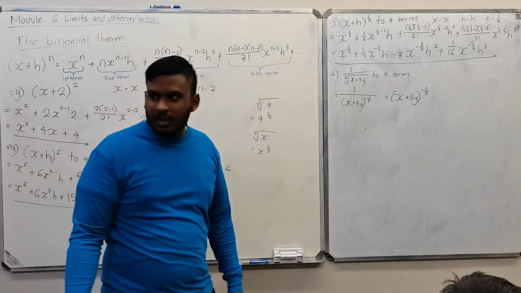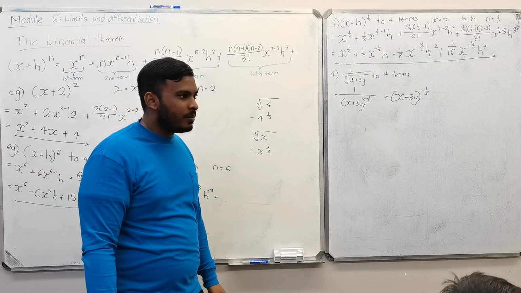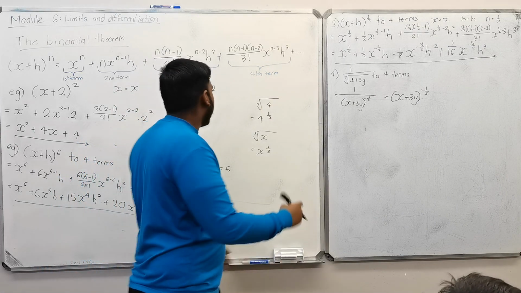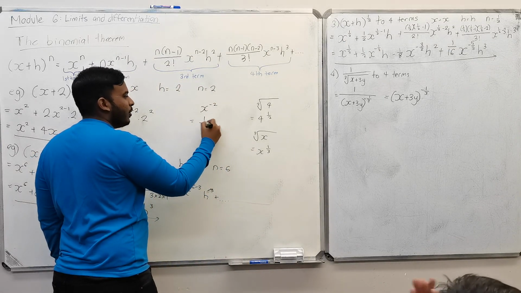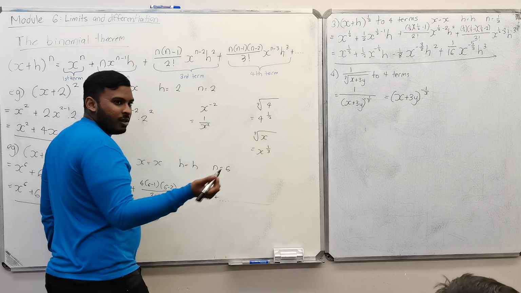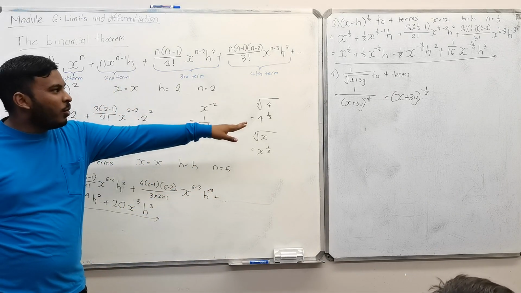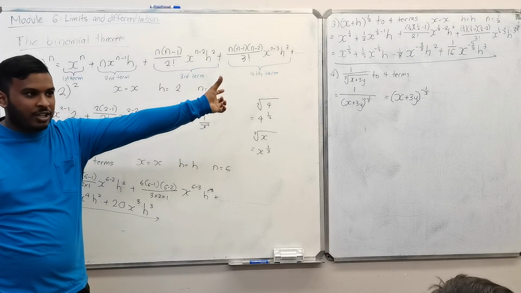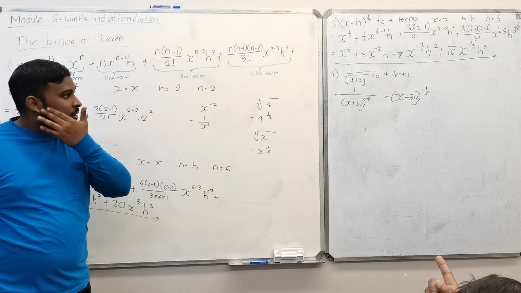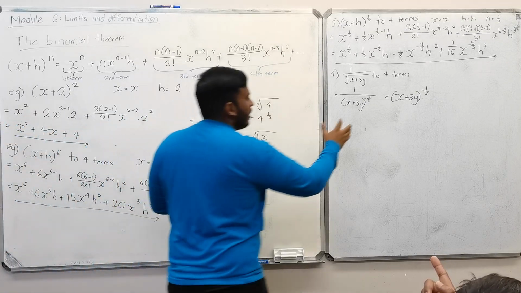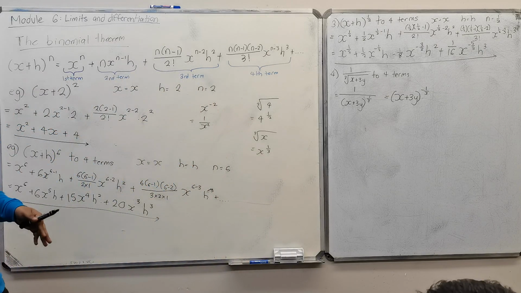Understand? Because remember, if I gave you x to the power negative 2, it's the same as saying 1 over x squared. So that's the same thing I did there. It was not a minus sign, it was just my finger.